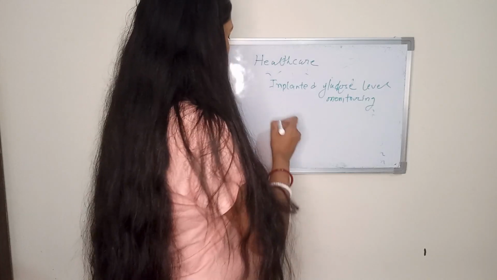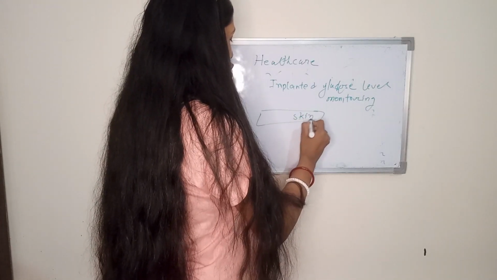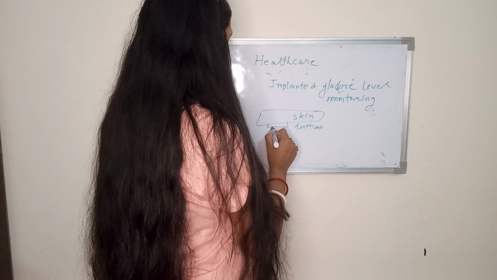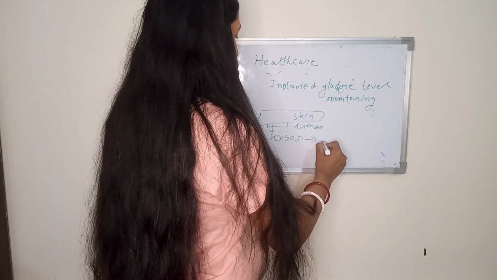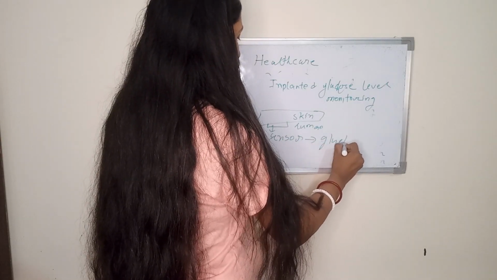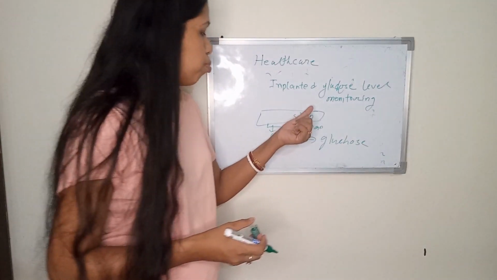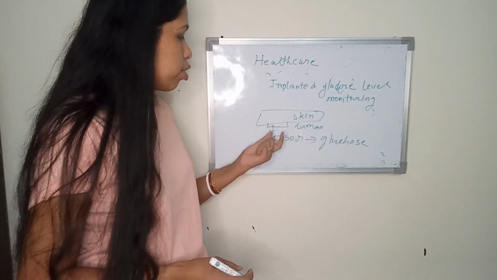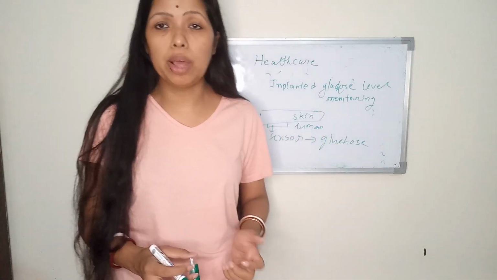That means under the human skin, you can put a sensor which detects the glucose level. The doctor can implant one kind of sensor under the human skin which can detect the glucose level.